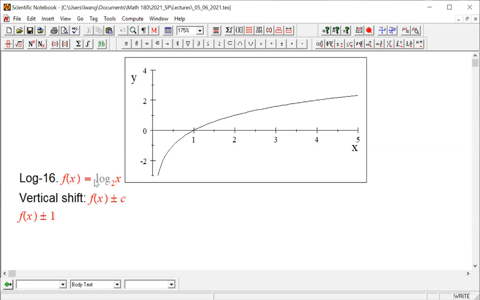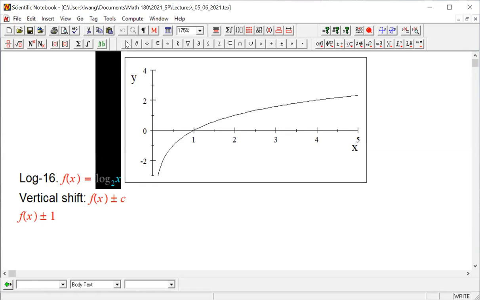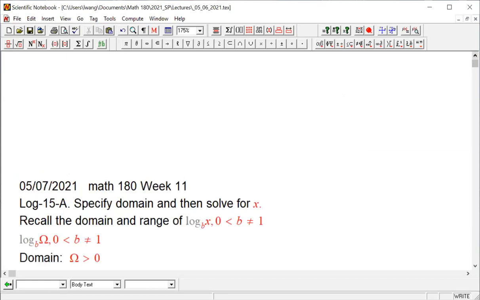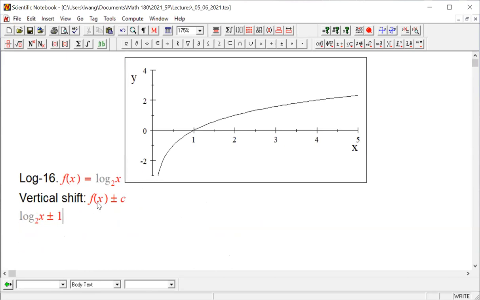So we have the situation of log base 2 of x plus or minus 1. The process goes like this: we first apply the function, and then to the output from the function we add 1 or subtract 1. So plus 1 is going to be shifting up or down.